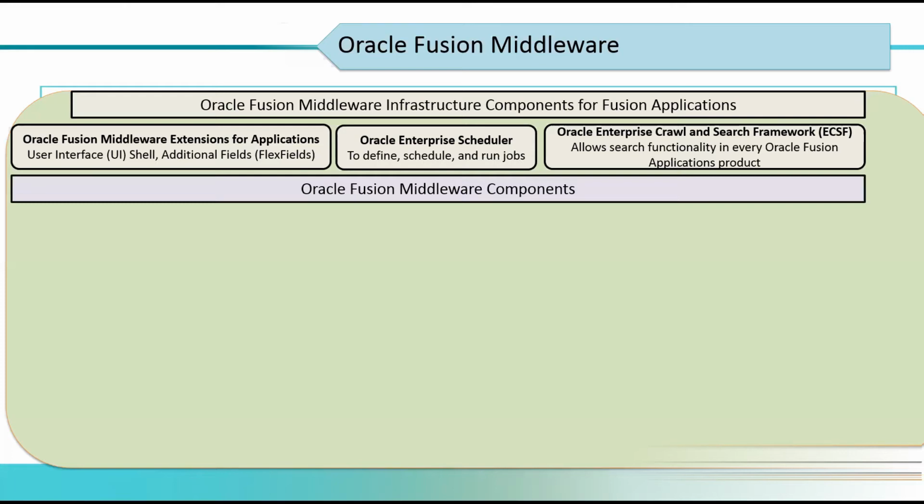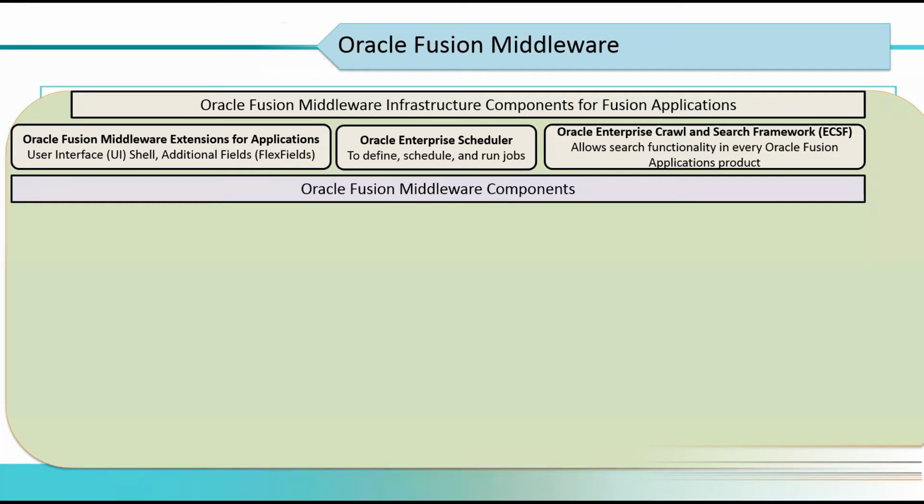Then it will go into the application and look for each and every task defined in the application, and whenever the keyword matches, the task will be displayed. If you click on that task, it goes to the respective application page. It allows such functionality in every Oracle Fusion application product. It's not limited to one product. It will search each and every product family enabled in your instance. So these are all the components specific to the Fusion middleware, Fusion applications.